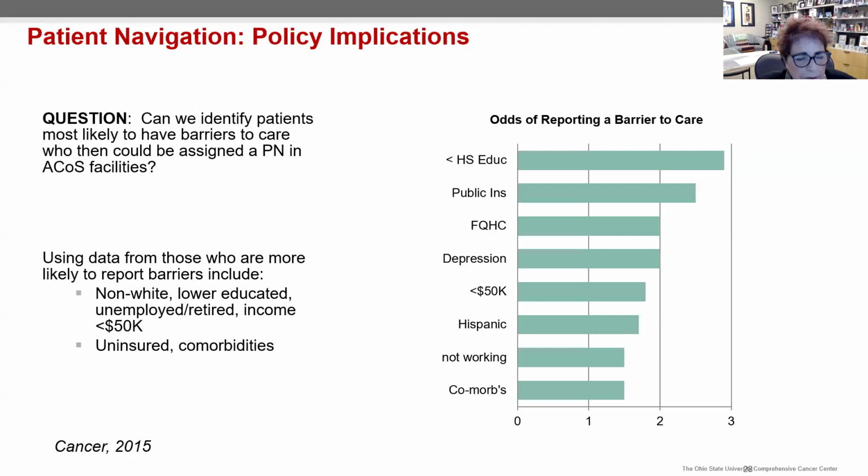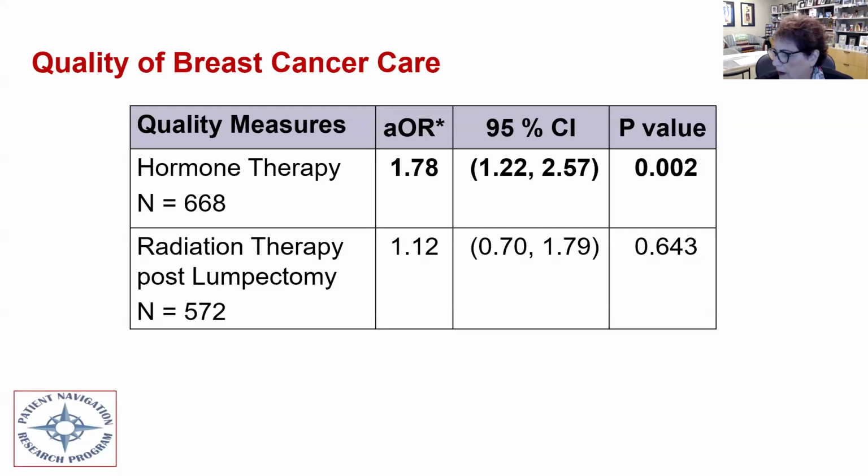And we looked at our data and actually found that patients who were non-white, lower educated, unemployed or retired, income less than 50,000, uninsured, and have comorbidities were more likely to report a barrier to care. And then those are the people that really need help getting into the health system soon.